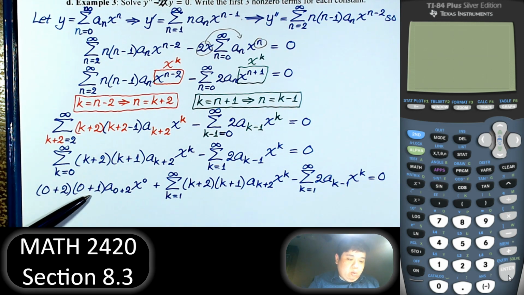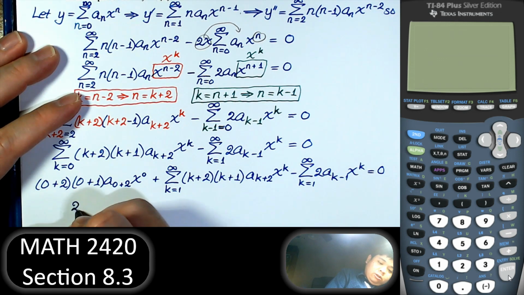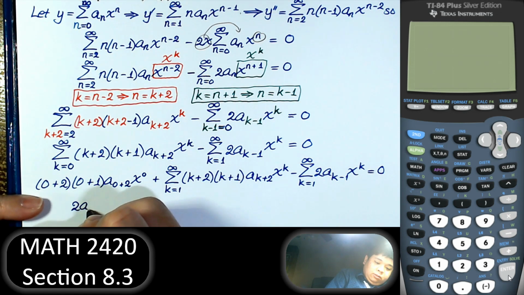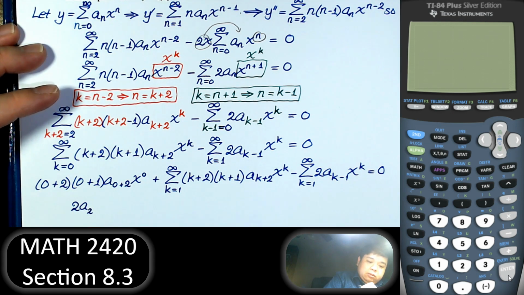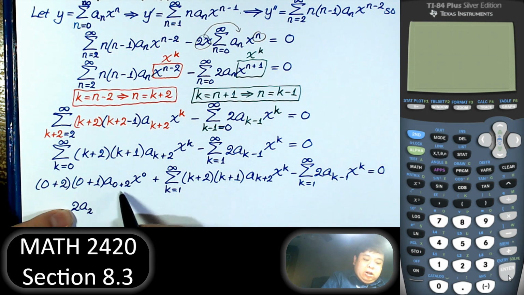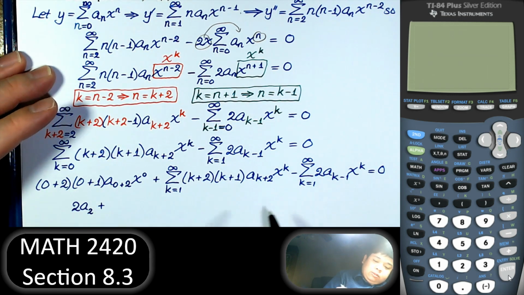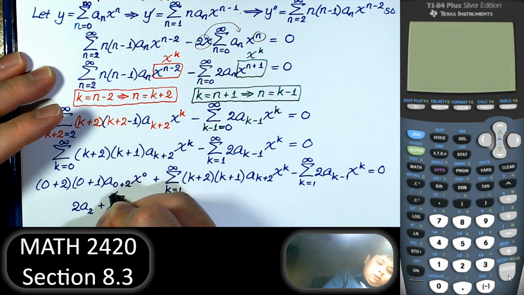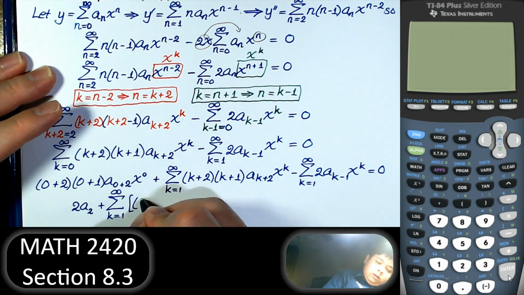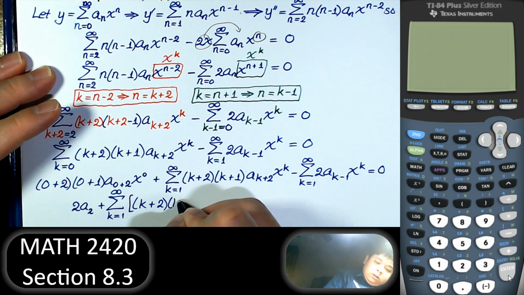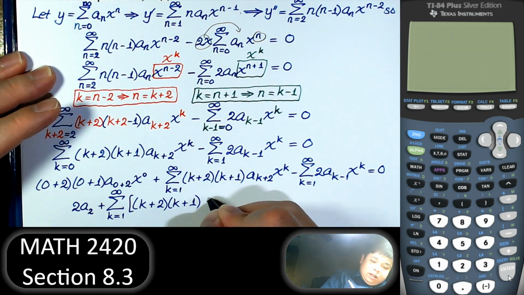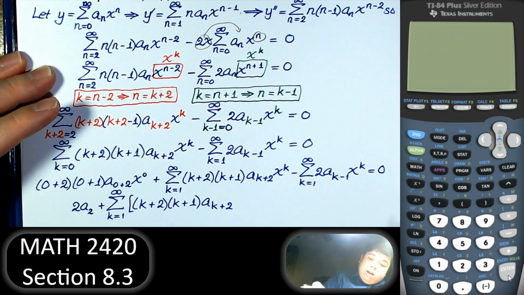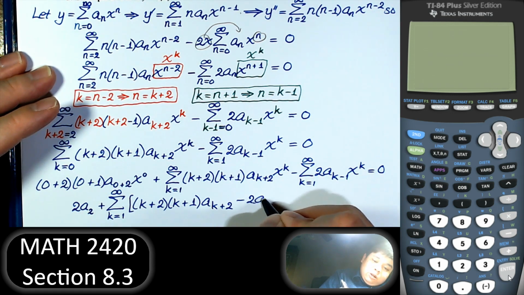I simplify that to 1, so that is just 2 a2. x to the 0 power is 1, so 2 times 1, 2 a2, right. Now combine the power series. Sum of k plus 2, k plus 1, a sub k plus 2, minus 2, a sub k minus 1, with x to the k factored out.